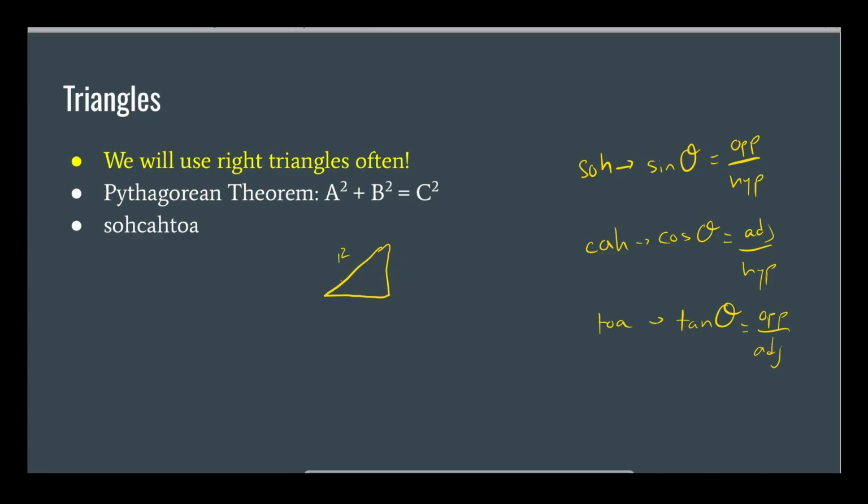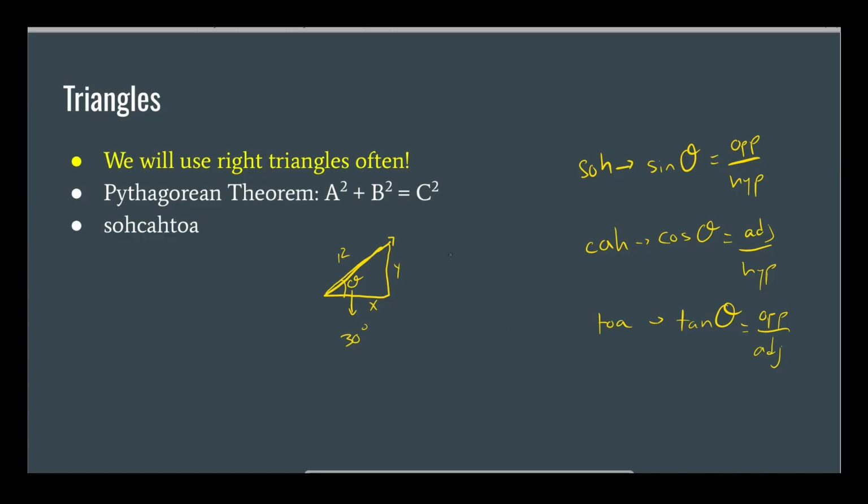I didn't draw this to scale, but let's say this angle here is 30 degrees, and let's say we want to figure out the x part and the y part. This is actually very typical in physics. We might have some kind of line that's going this way at an angle, and it's kind of tricky to deal with something that's at an angle, but what we can do is break it down into the x and y components.